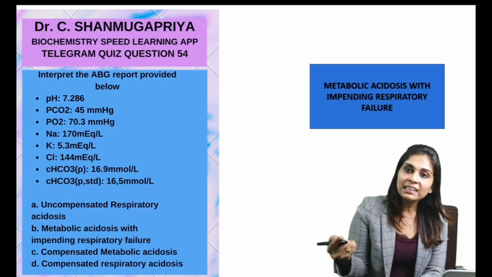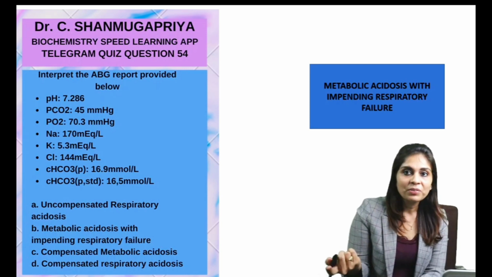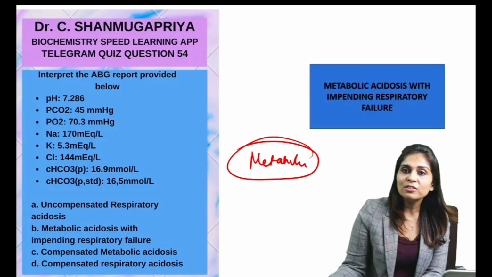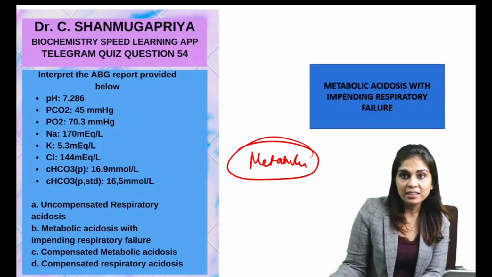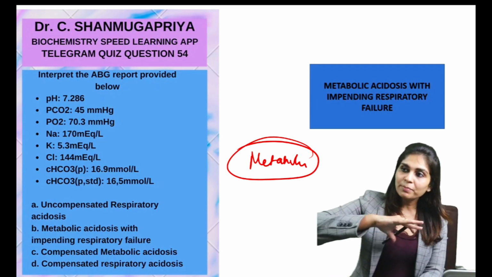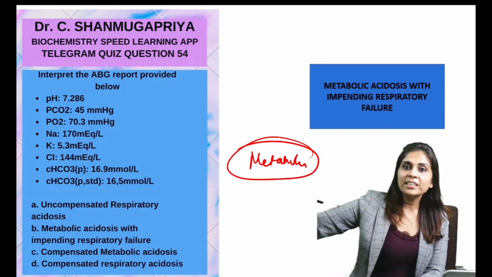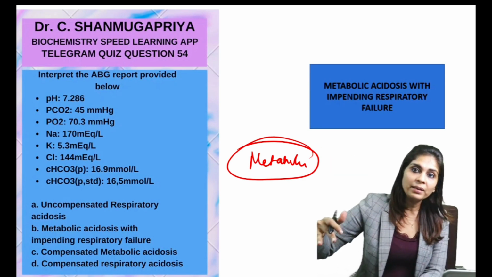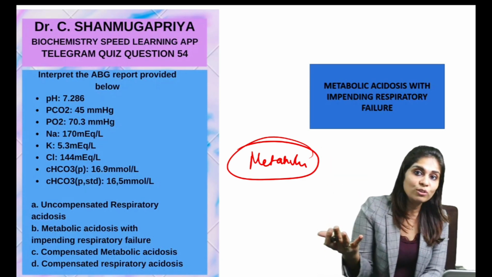How can we intervene? By giving bicarbonate. So we know in metabolic acidosis, not in all cases of metabolic acidosis, we are allowed to give bicarbonate. We know that, right? Because in metabolic acidosis, all those metabolic acids, when they get metabolized, will finally give rise to bicarbonate. So if you give exogenous bicarbonate, then at one point that can cause alkalosis.